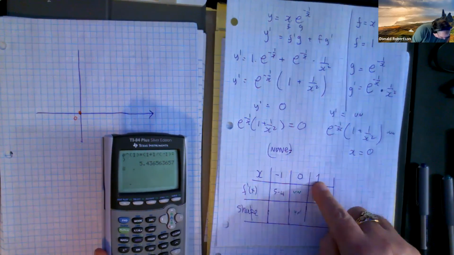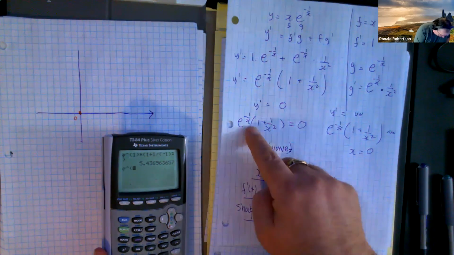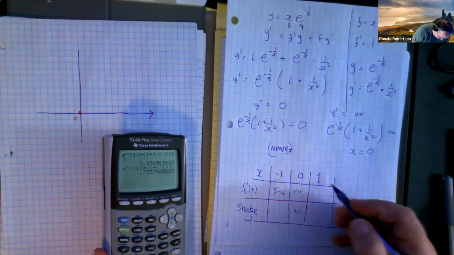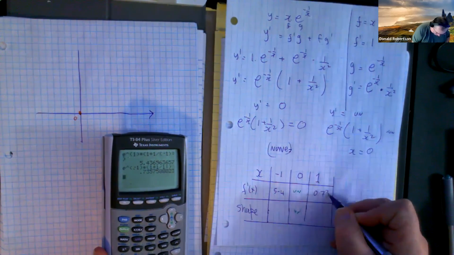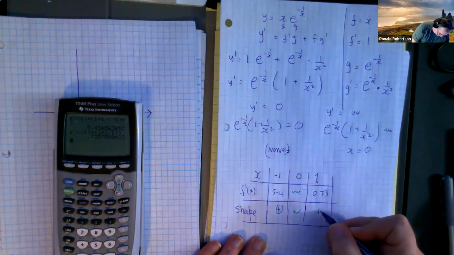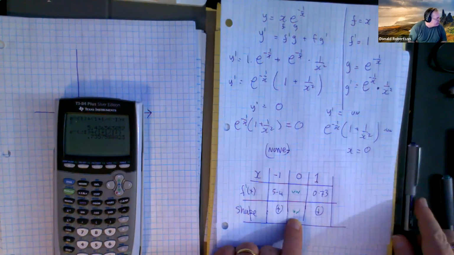And then if you do a 1, you get e to the power of negative 1 times, in brackets, 1 plus 1 divided by 1 squared. And you get a 0.73. So this guy is positive, so this guy is positive, and this thing here is undefined.